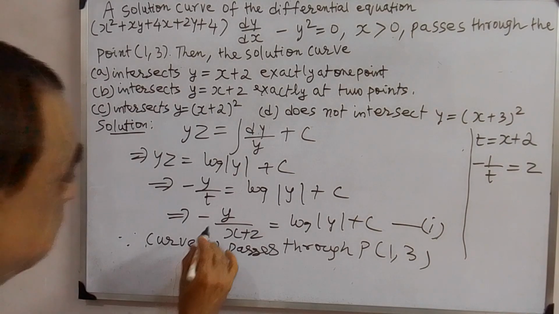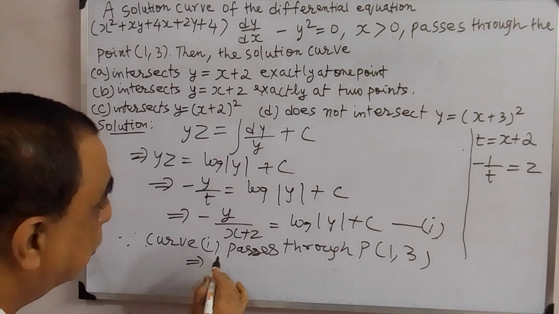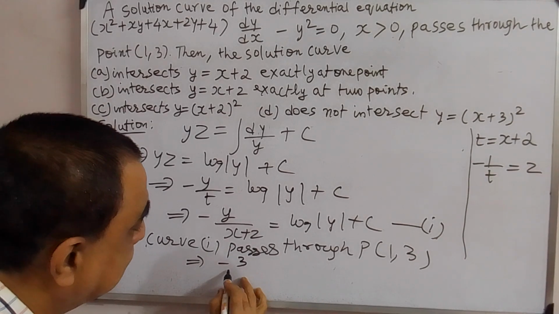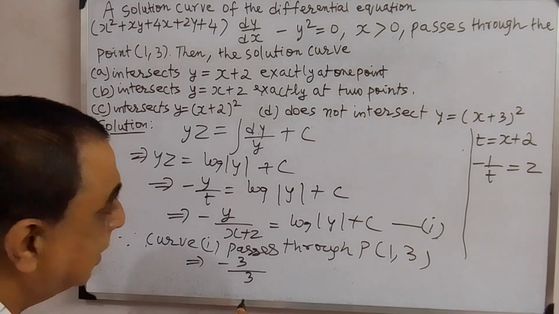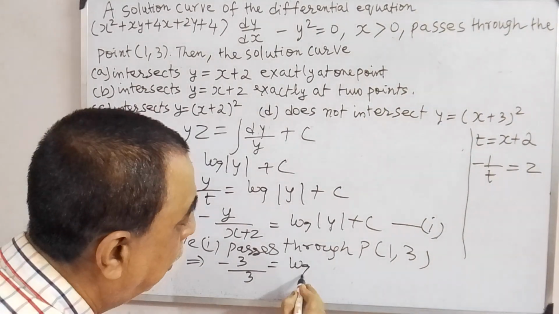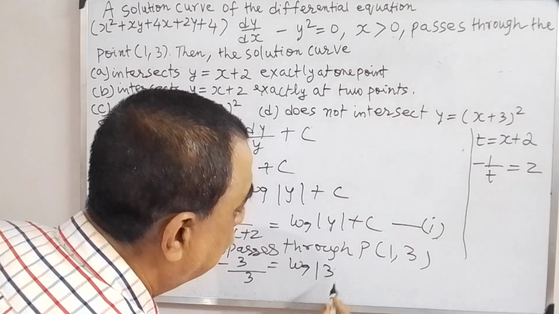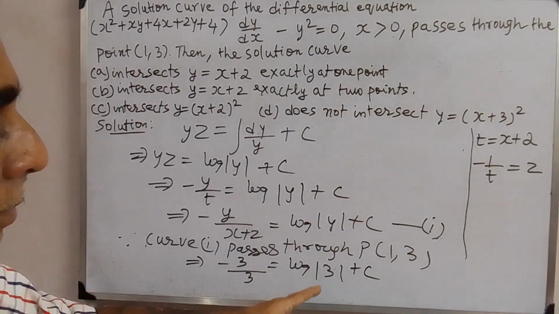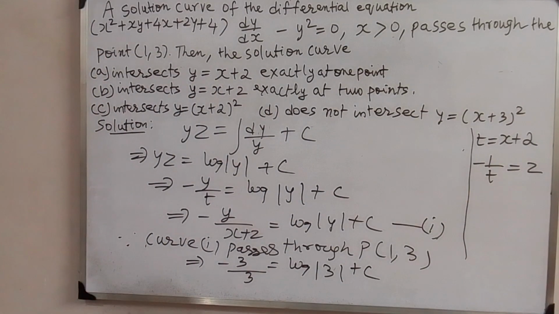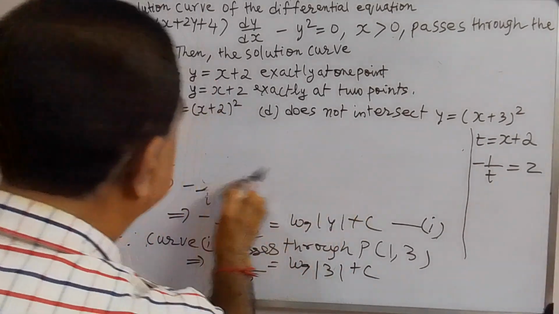So in place of y you put 3, and in place of x you put 1. So this will become minus 1 by 3, since 1 plus 2 is 3, equal to log 3 plus c. Since 3 is a positive number, the mod sign will be removed and it will be log 3.